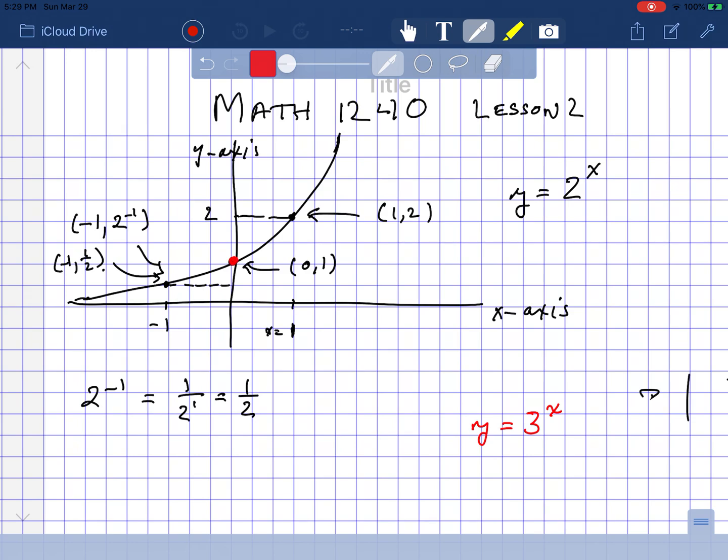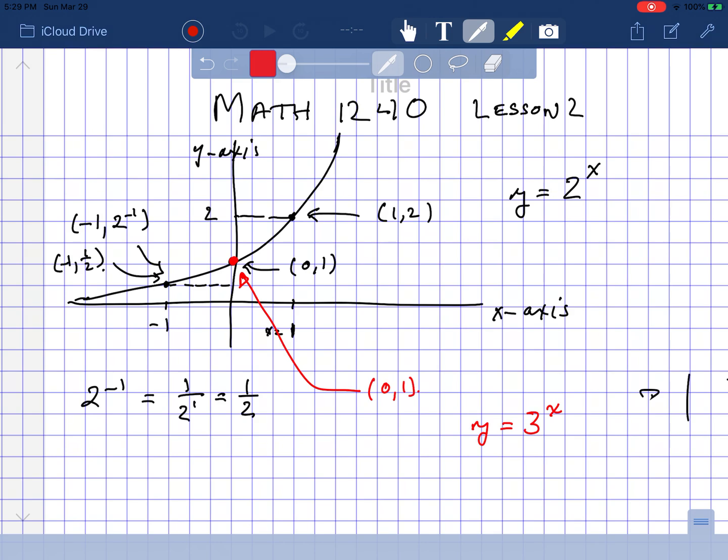In point of fact, they both pass through the same point on the y-axis. So they both have the same y-intercept. Here, this is going to be the point 0, 1.